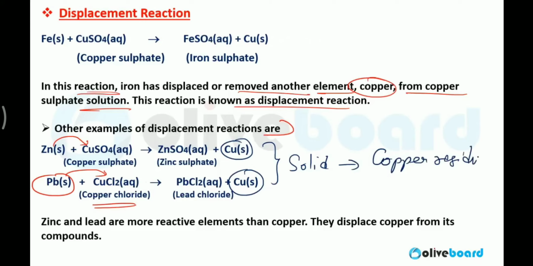Clear? So this kind of reaction is called a displacement reaction, where highly reactive metals displace the less reactive metal. Zinc and lead are more reactive than copper, they displace copper from its compound. Clear?